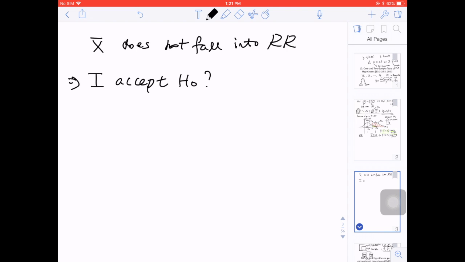Can I say this? Well, probably it's not a good idea. Why is that? Well, first of all, I will tell you my answer. I would say, I fail to reject the null hypothesis. Why did I say this? Because in general, you cannot prove something is correct. But on the contrary, it's much easier for us to prove something is wrong.